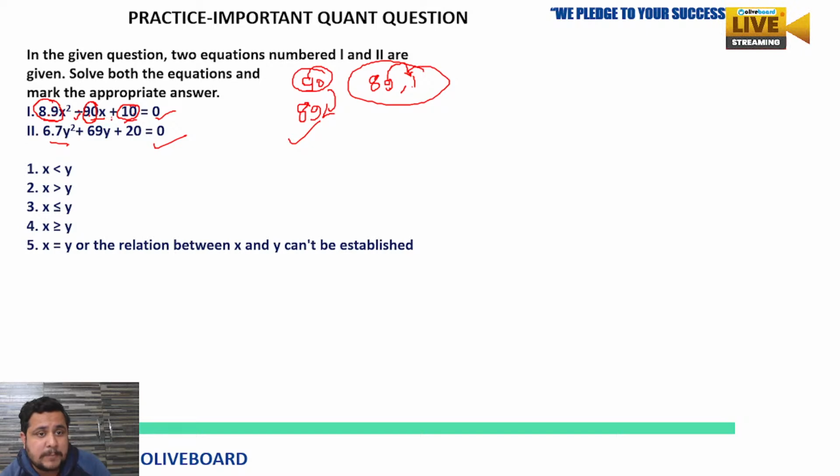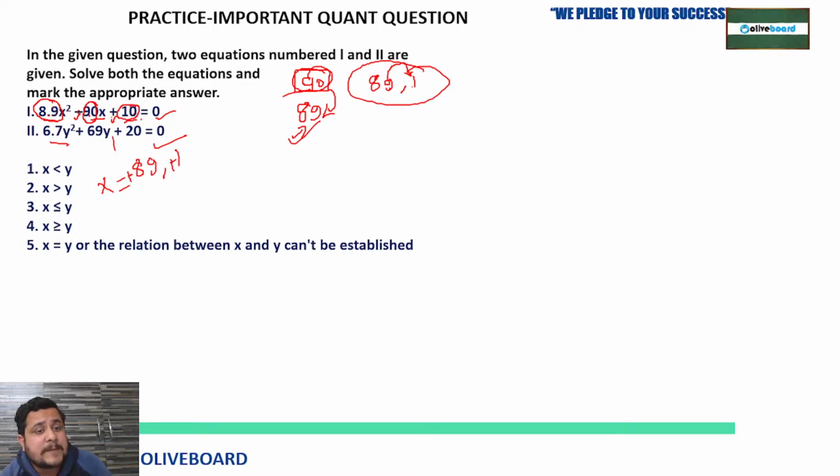See, minus plus. So the factors will always be decided by the addition. 89 plus 1 gives 90, and 89 multiplied by 1 gives 89. So 89 and 1 are the factors here. But what will be the root values of x? Both will be positive. Why?